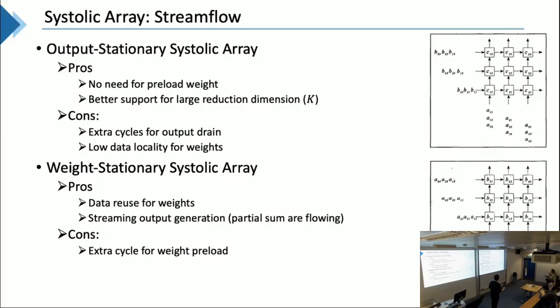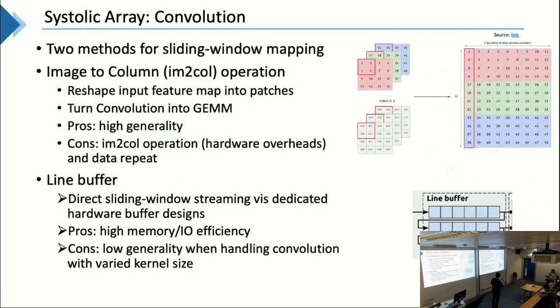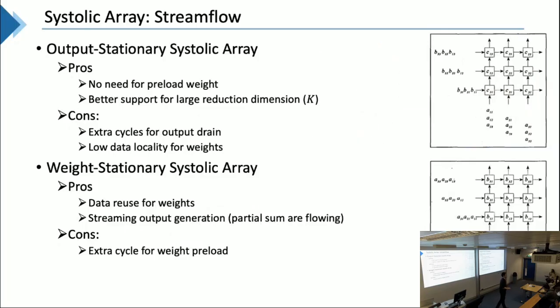In my group we have a student working on this direction, where we try to adaptively choose the best dataflow for the systolic array according to the matrix shape of different workloads. So this is the systolic array, and it is only used for matrix multiplication.